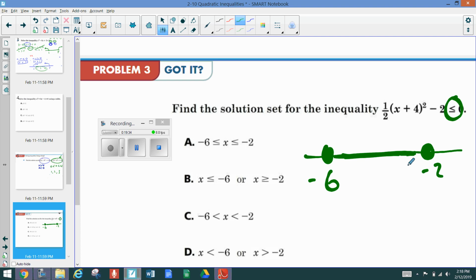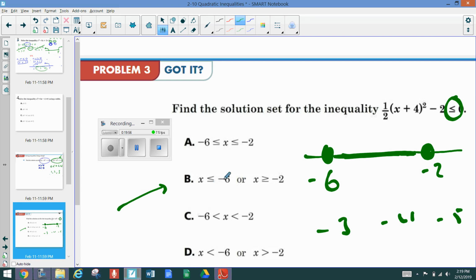Guys, you're thinking, kiddos, we haven't solved that yet. Most important part. What is the right answer? You know the numbers. Okay, let's say it's B. It's saying that x is less than or equal to negative 6.